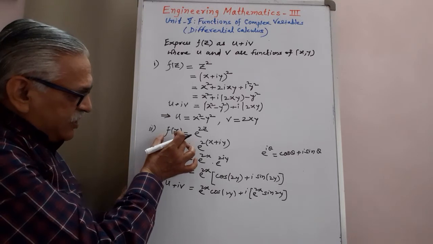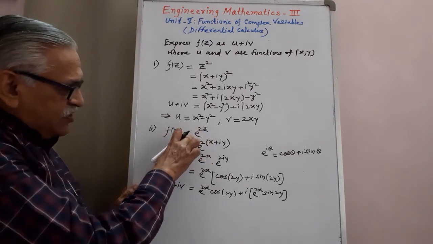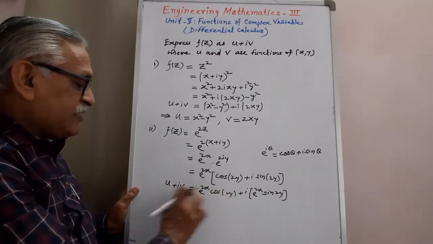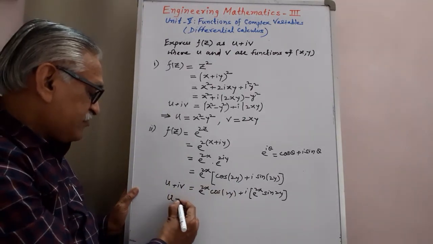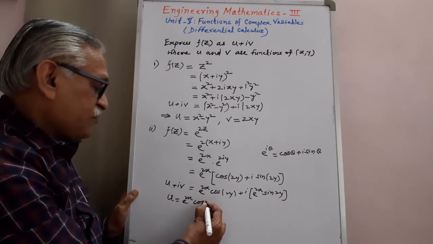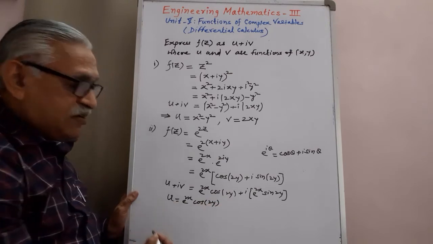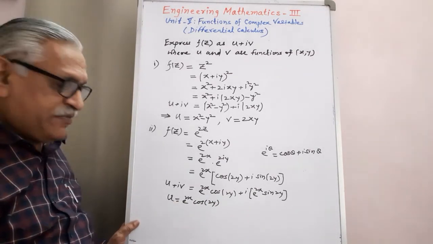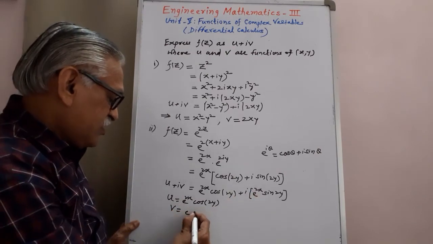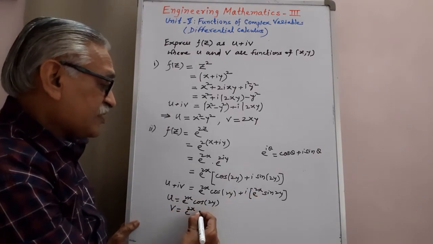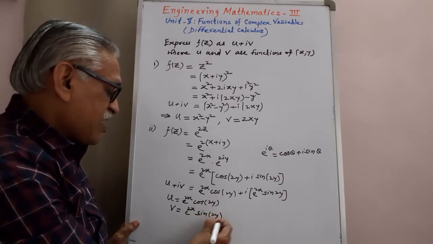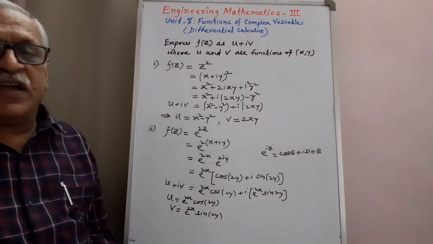I have expressed this given function of z in the form u plus iv, and then comparing we get u as e raised to 2x into cos of 2y, a function of x and y, and v, the imaginary part, equals e raised to 2x into sin of 2y, again a function of x and y.